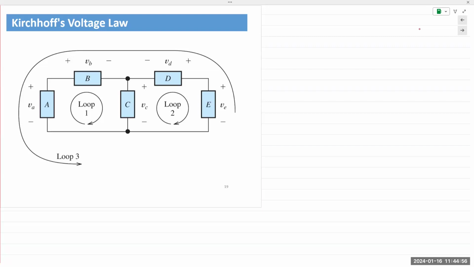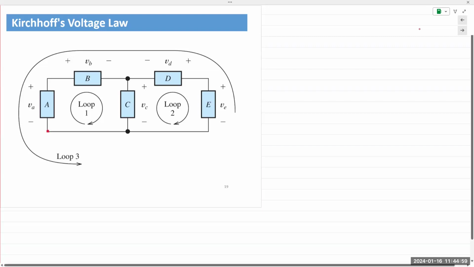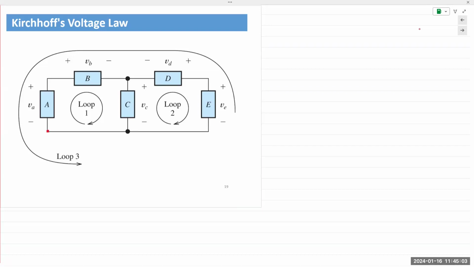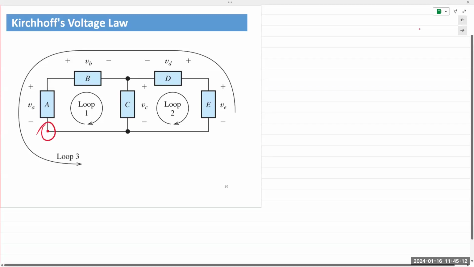So in this case, the first thing we do is identify the loops. I always like to start at the bottom left corner of a schematic. You can start at any point, any junction or any node in a circuit. If I start at the bottom left corner, I want to identify all the loops.